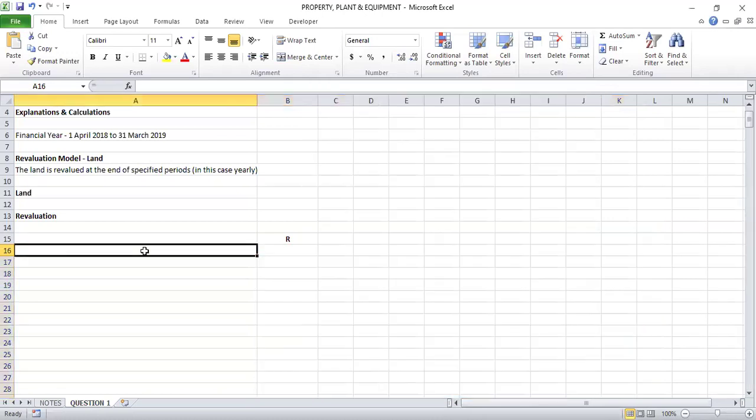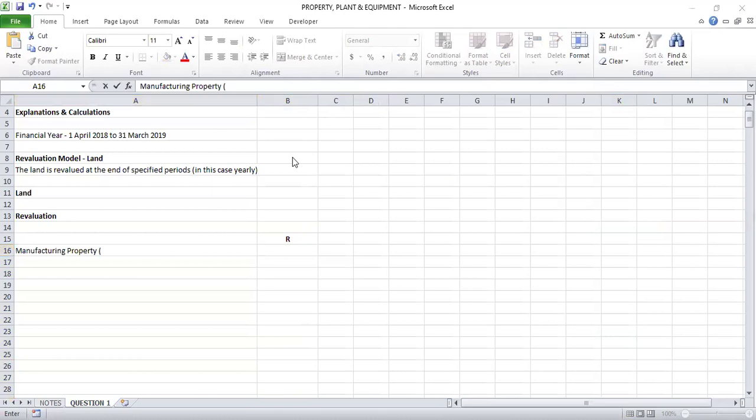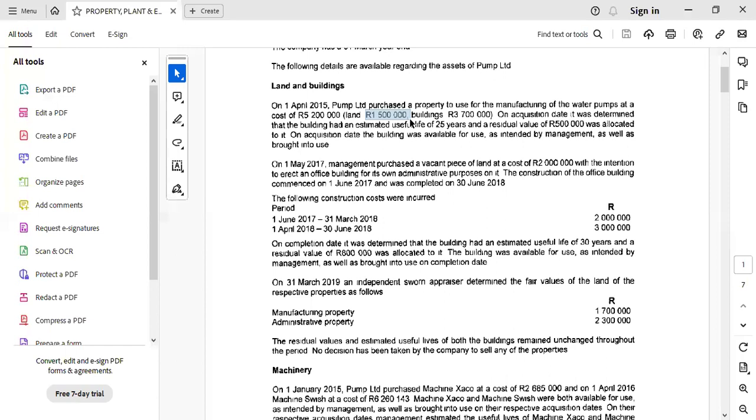Right, we have got the manufacturing property. Right, our manufacturing property, it was acquired at 1.5. And according to the question, the value for manufacturing property is now 1.7. This is the manufacturing property. So it has increased from 1.5 to 1.7.